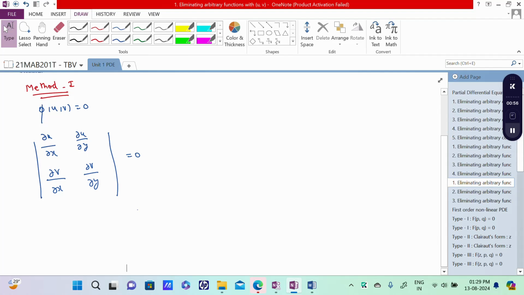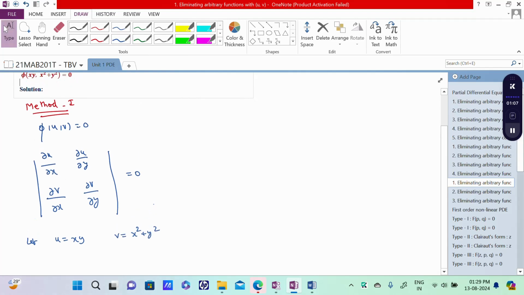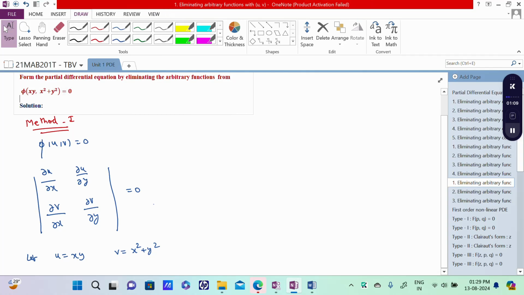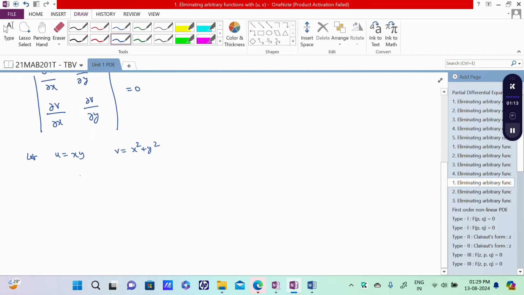Now, let u equal to xy and v equal to x square plus y square. For this u function, differentiate with respect to x and with respect to y, and likewise dou v by dou x and dou v by dou y.